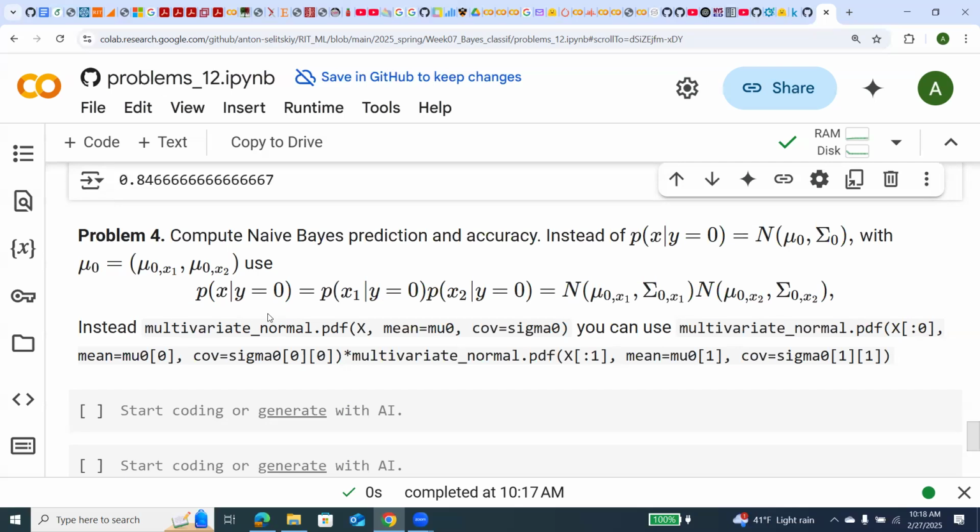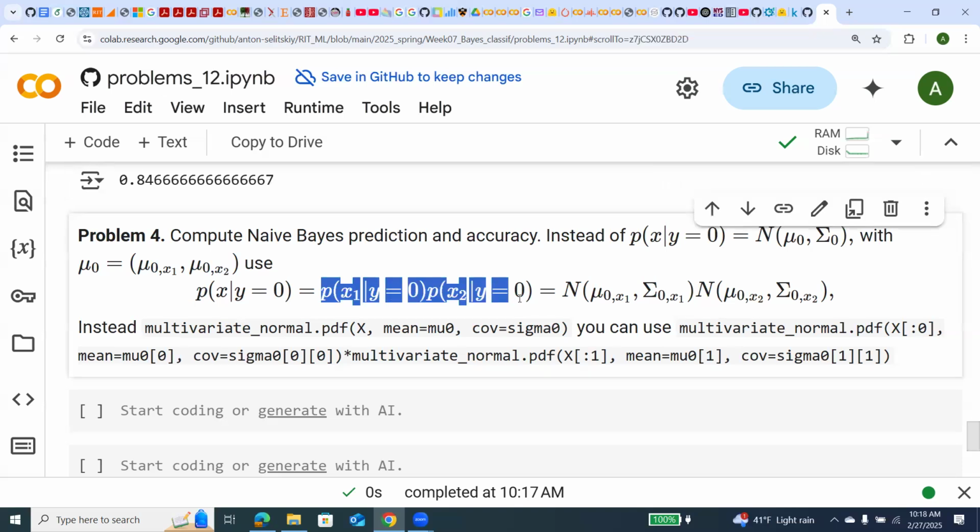So this is the assumption of independence of the components.